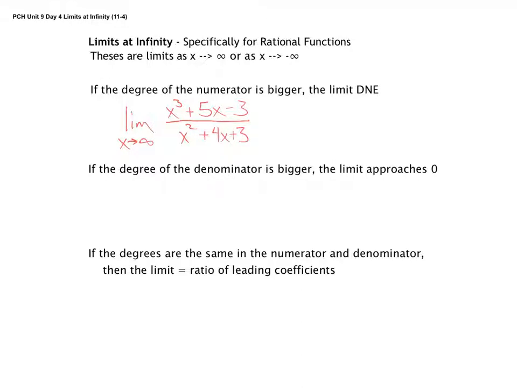It's bigger on the top, so there is no horizontal asymptote. Okay? So therefore, the limit does not exist. Because this function, if there's no horizontal asymptote, is going to go up to positive infinity or down to negative infinity. Either way, we'd say the limit does not exist. Okay?